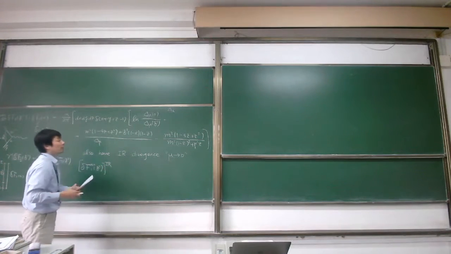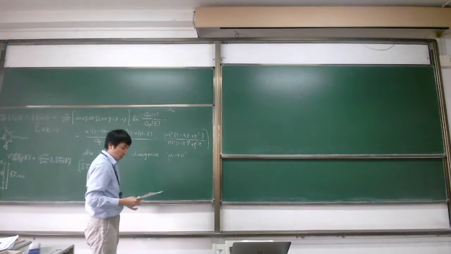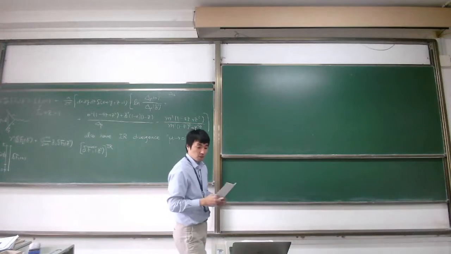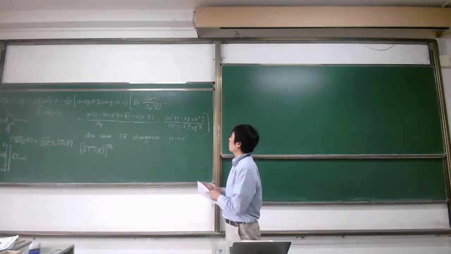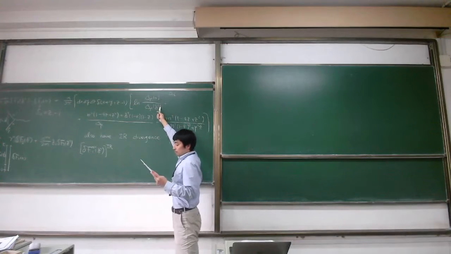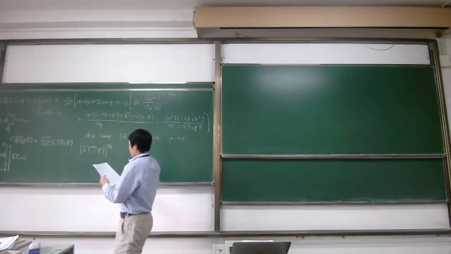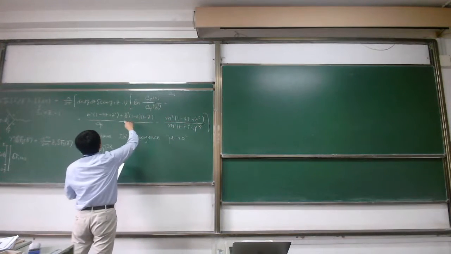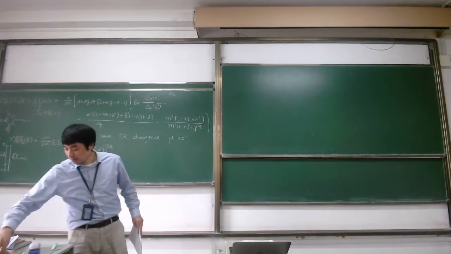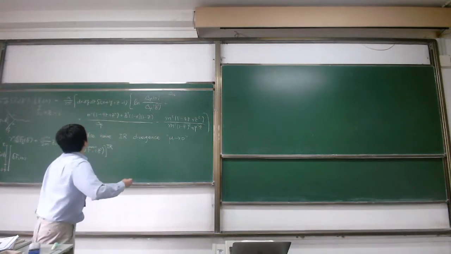We're only looking at the mu goes to 0 part. What is the dominant part of the mu goes to 0 part? When mu goes to 0, this part you can ignore, and what's relevant is this part, in fact.